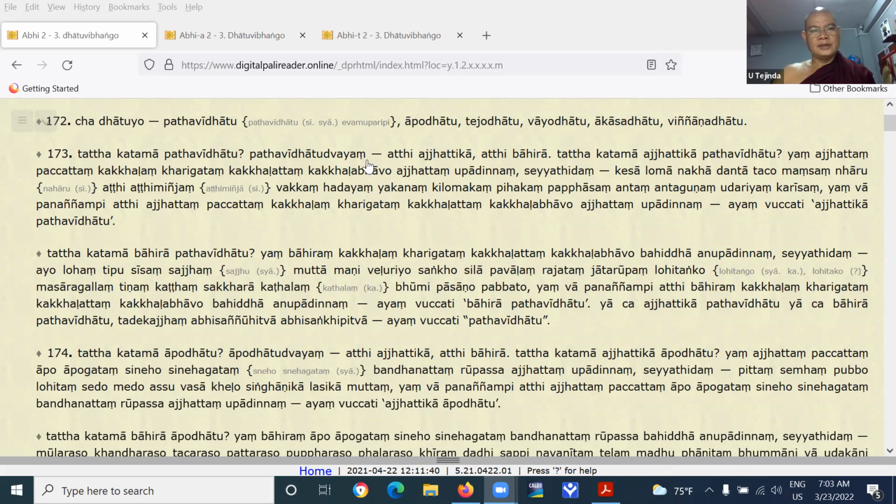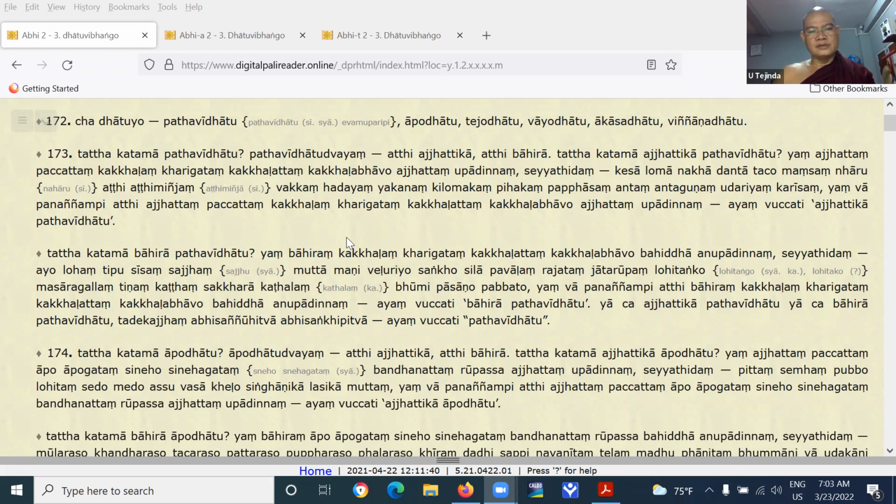But here, according to the Atthakatha, pathavi dhatu dvaya is separated into 2 words, dve ayan. So dve is linked with the pathavi dhatu: ajjhattika, bahira. There is internal, there is external.